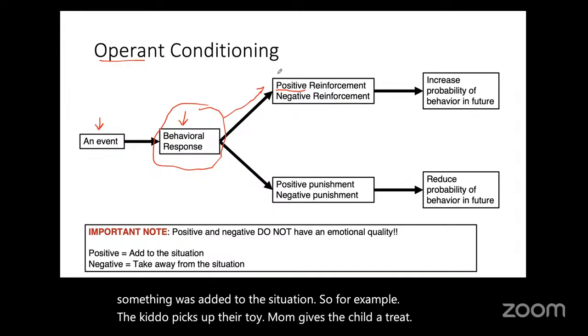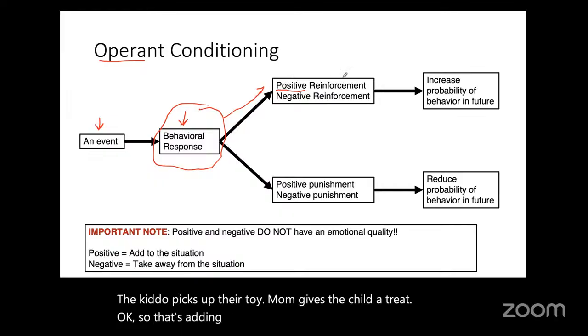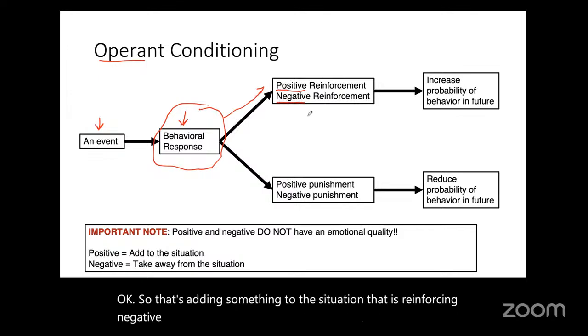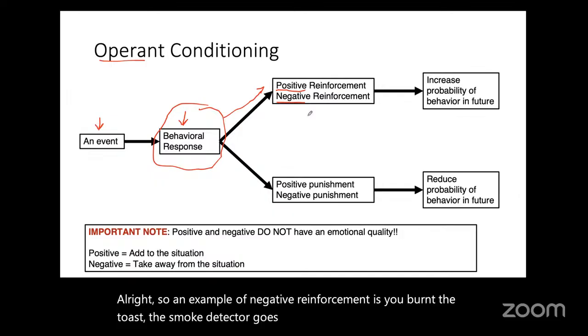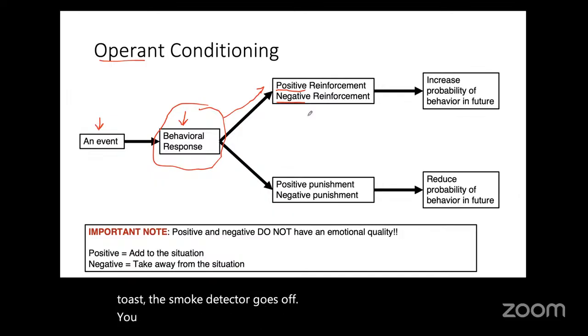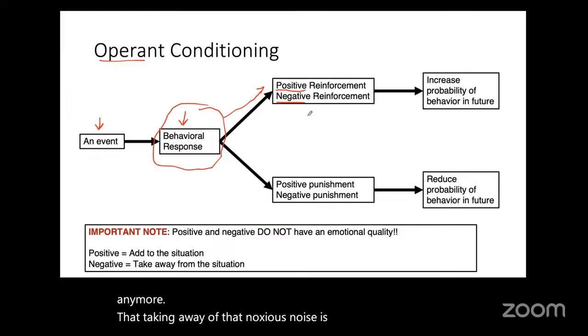Okay. So that's adding something to the situation that is reinforcing. Negative is we're going to take something away. All right. So, an example of negative reinforcement is you burnt the toast, the smoke detector goes off, you leave the house so you don't hear the smoke detector anymore. That taking away of that noxious noise is reinforcing.